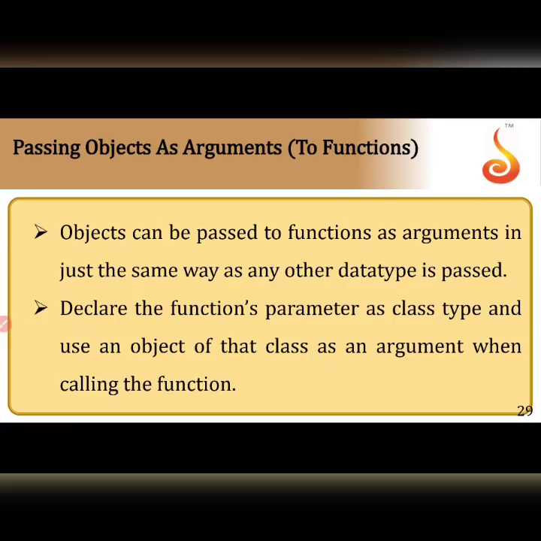Declare the function's parameter as class type and use an object of that class as an argument when calling the function. So, if I am passing an integer, how will I do? I will say int.